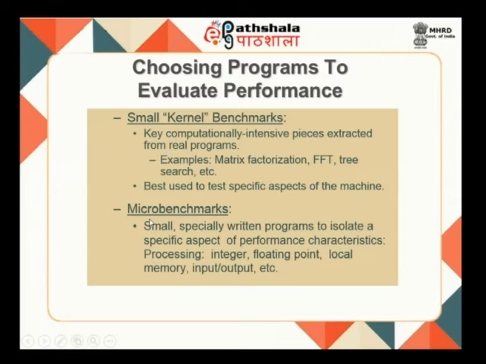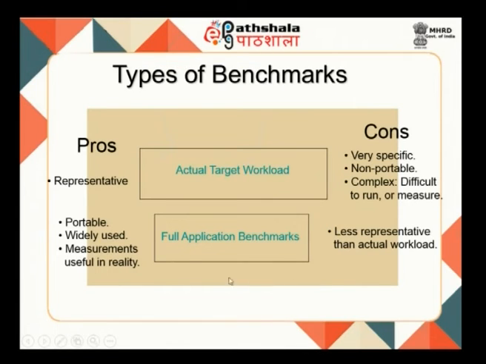And you also have what are called micro benchmarks. These are small, specifically written programs to isolate a specific aspect of performance characteristics like processing, integer, floating point, local memory, input output, etc.